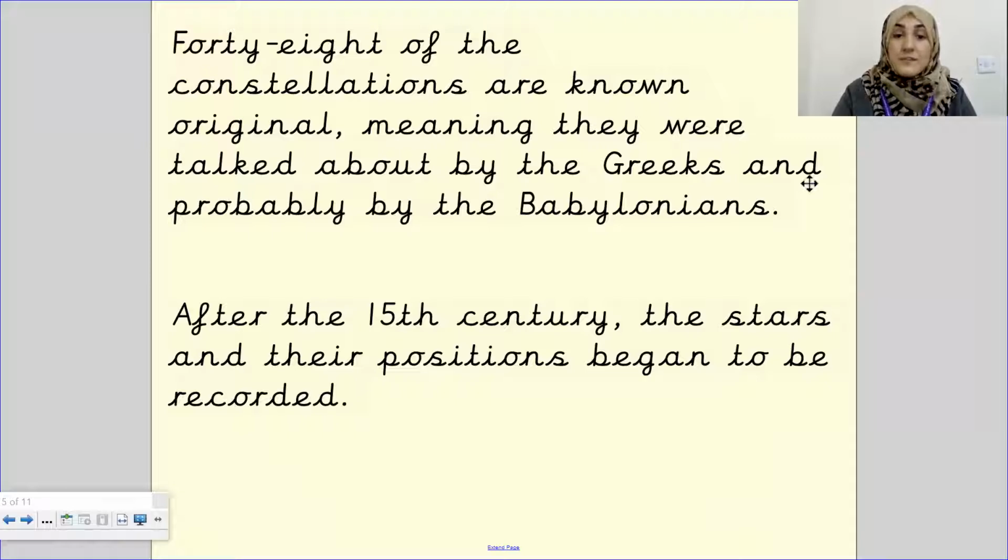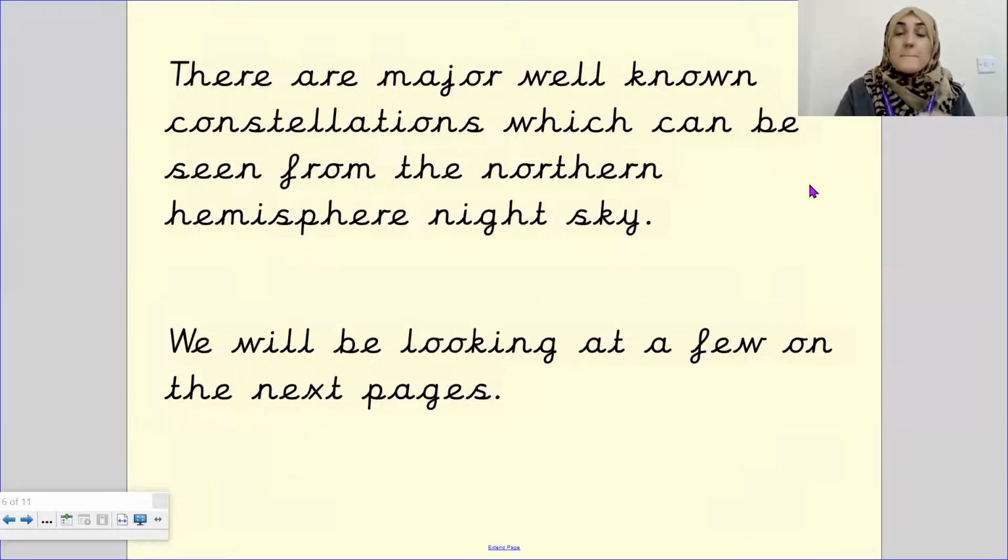After the 15th century, the stars and their positions began to be recorded. There are major well-known constellations which can be seen from the Northern Hemisphere night sky. So in our side of the world, we should be able to see them if you know what you're looking for. We will be looking at a few on the next page, so let's get into it.